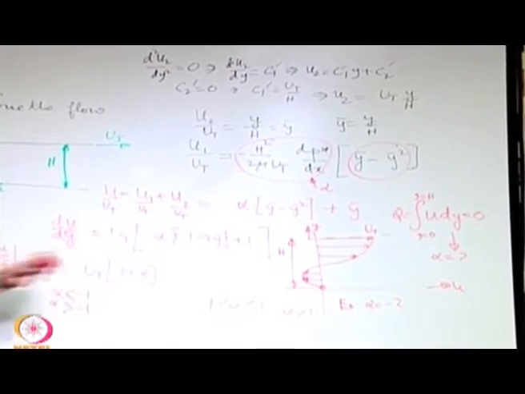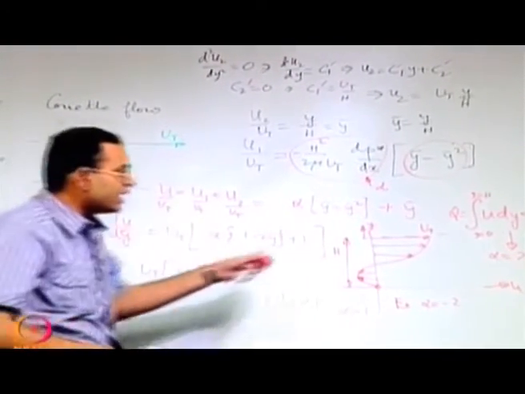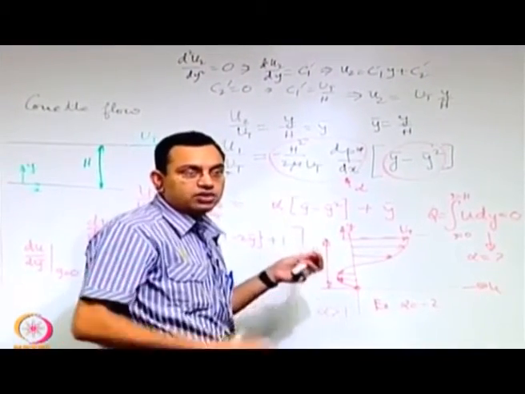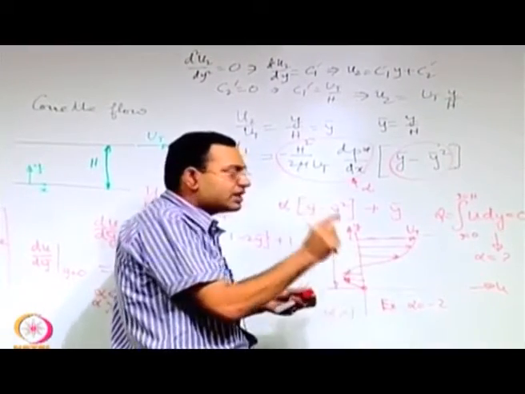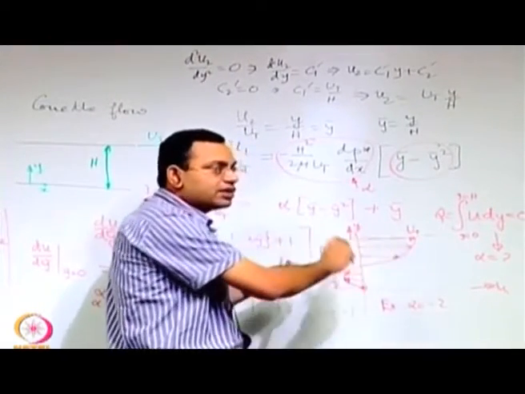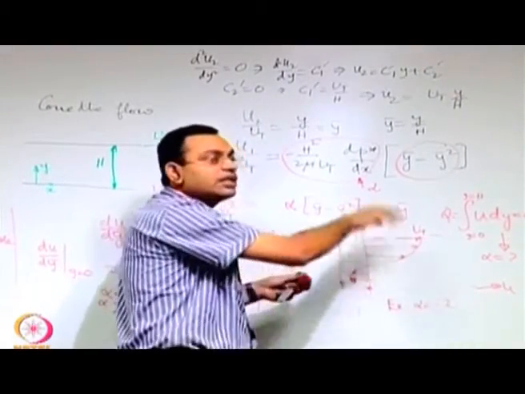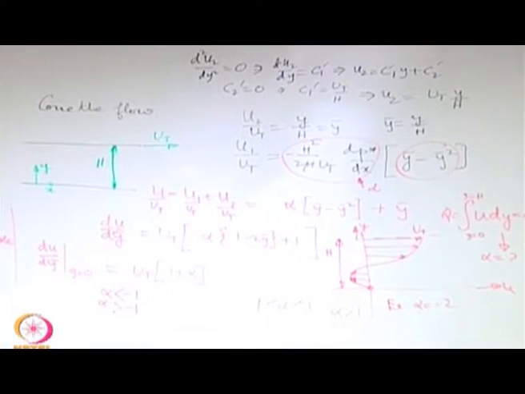For these ranges you try to assess the nature of the characteristics and make a sketch of the velocity profile. This type of thing is very important. Making a sketch does not mean that you actually plot it, you assess the nature of the variation by the slope and so on, and make a qualitative assessment of how the velocity will vary from the bottom plate to the top plate.